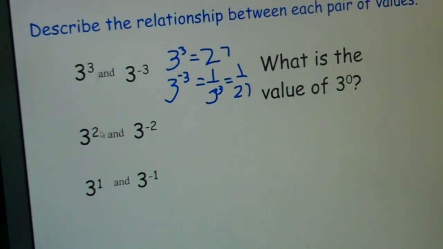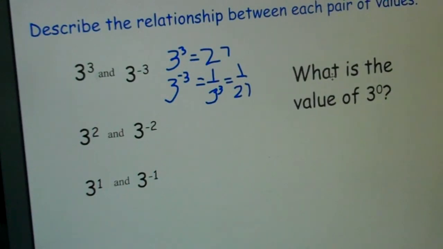So I think you get the idea that when you have a negative exponent, we cross the line, we turn it into a fraction, and we change the sign of that exponent to positive, and then we can evaluate it or simplify it as it should be.